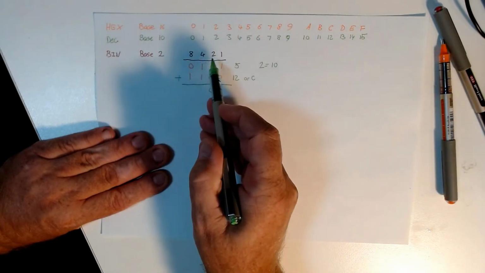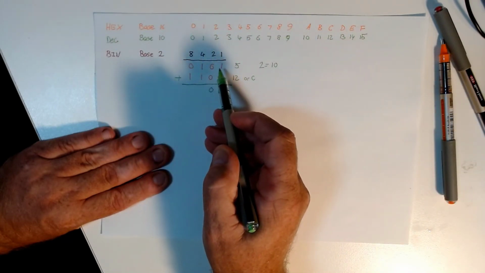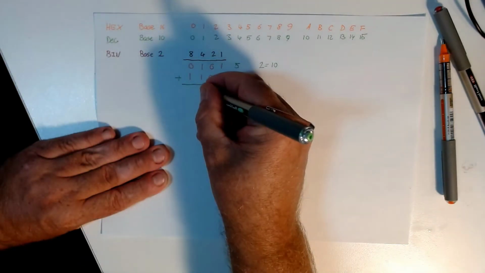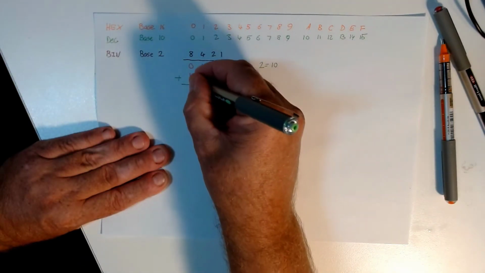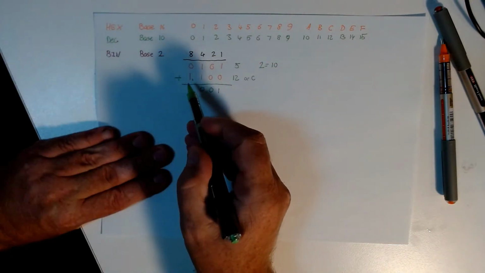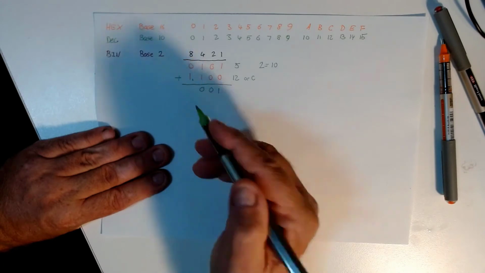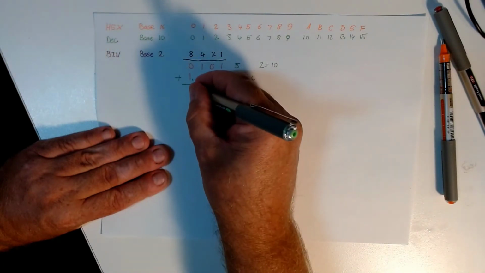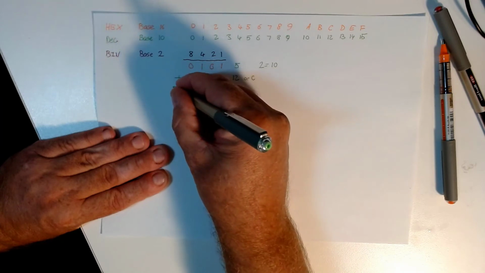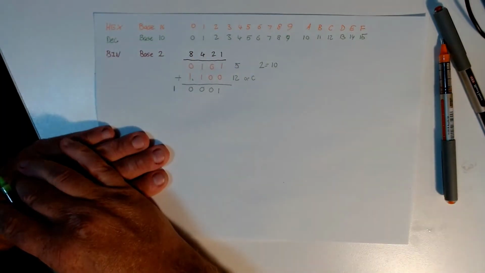So we've basically got one lot of 2 and 0 lots of 1, and all the rest is 0, so we just ignore them. We write the 0 here, and we carry like we would in normal maths. Put the 1 up there. So that means we've got 0 plus 1, which again is 2. So we've got 0, and the remainder gets carried over there.